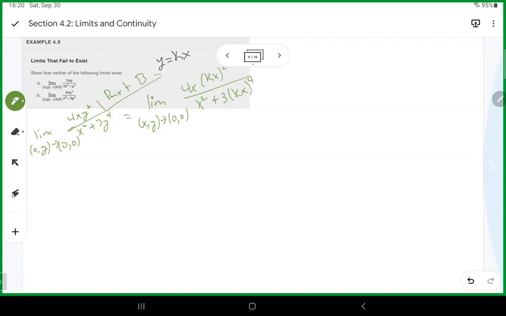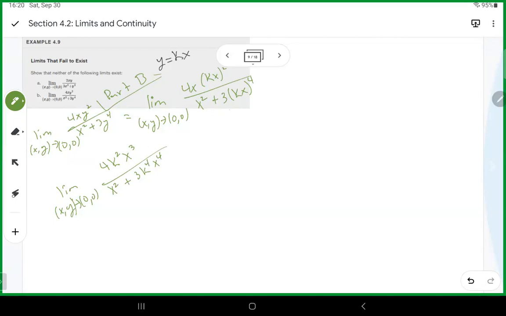If we work this out, we'll get 4k squared x cubed over x squared plus 3k to the fourth x to the fourth.